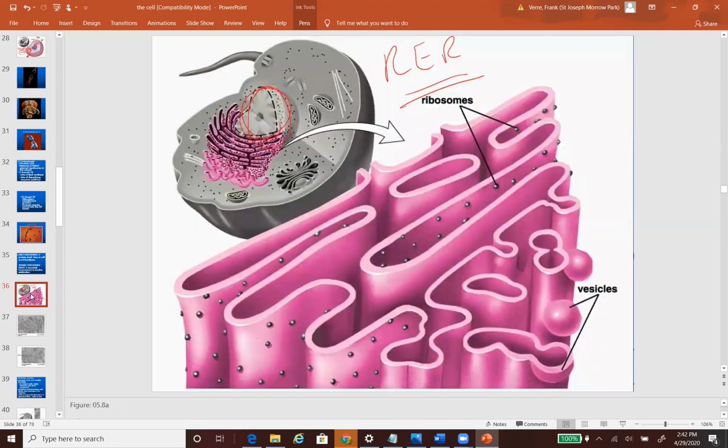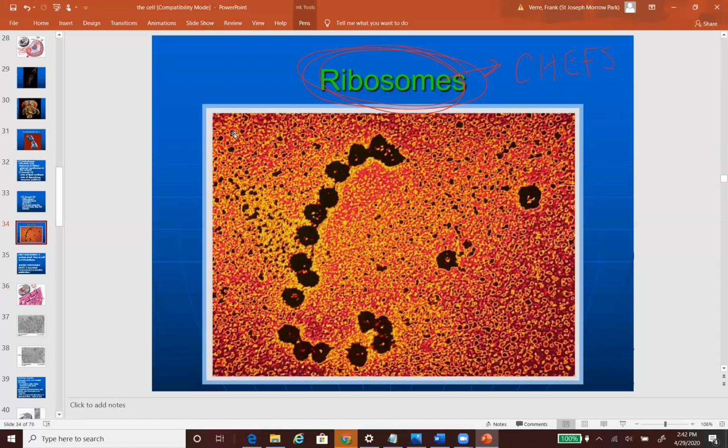In this image, you can see my ribosomes in black are attached. When they're attached to the ER, it's called rough ER, okay? But whether they're bound like here or free, they have the same job.